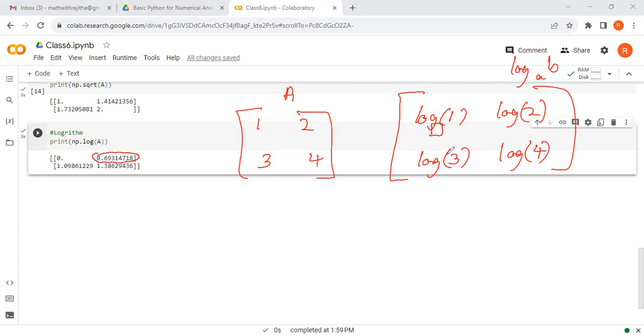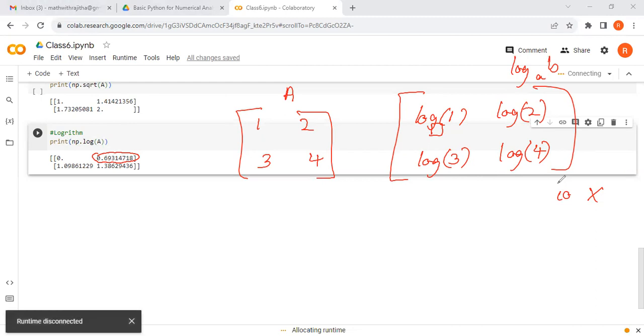Log of 3 is 1 point something. So this definitely cannot be the base of 10, because when the base is 10, the log becomes 1 only when the number becomes 10.